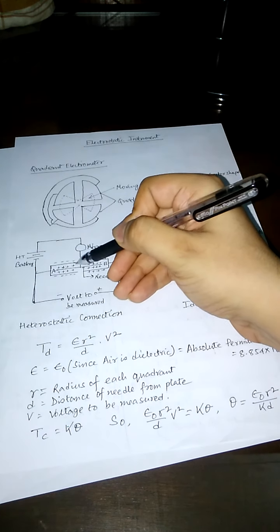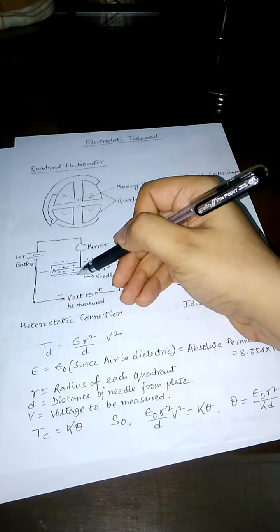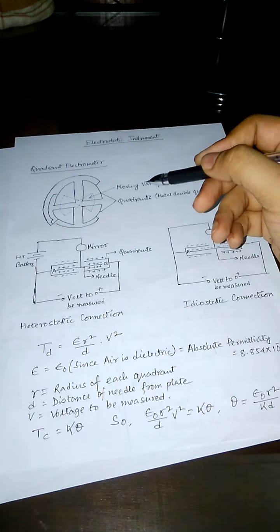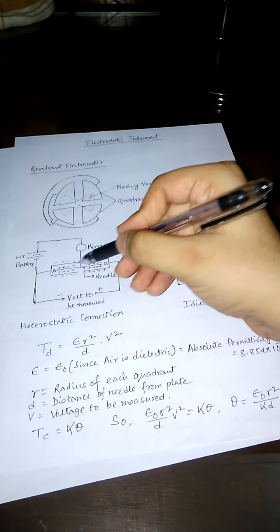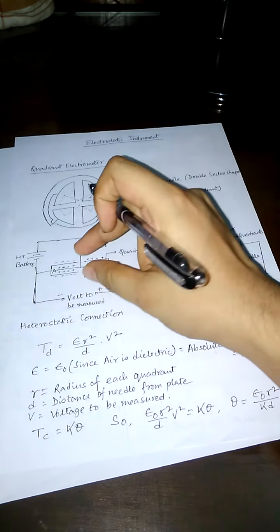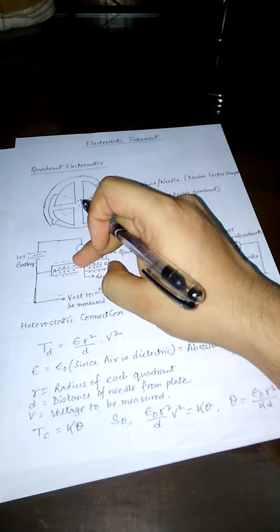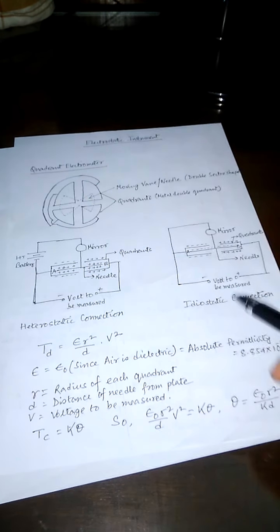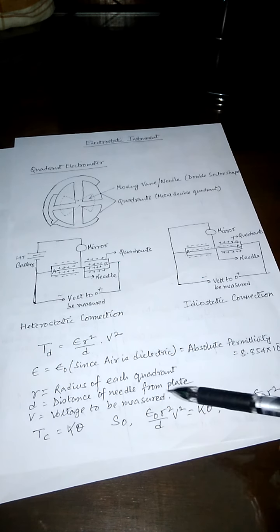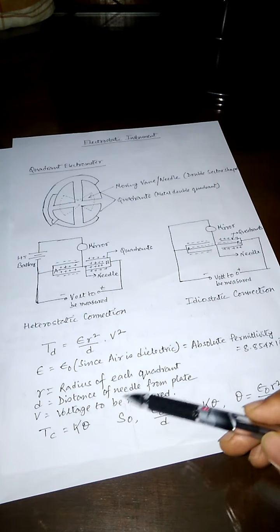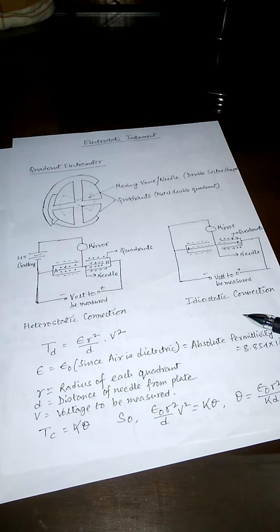Here this is the distance between these two plates, and we have already discussed that the needle is arranged in such a manner that it is equidistant from those two plates. So this is the distance between needle and plates, and V is the voltage to be measured.